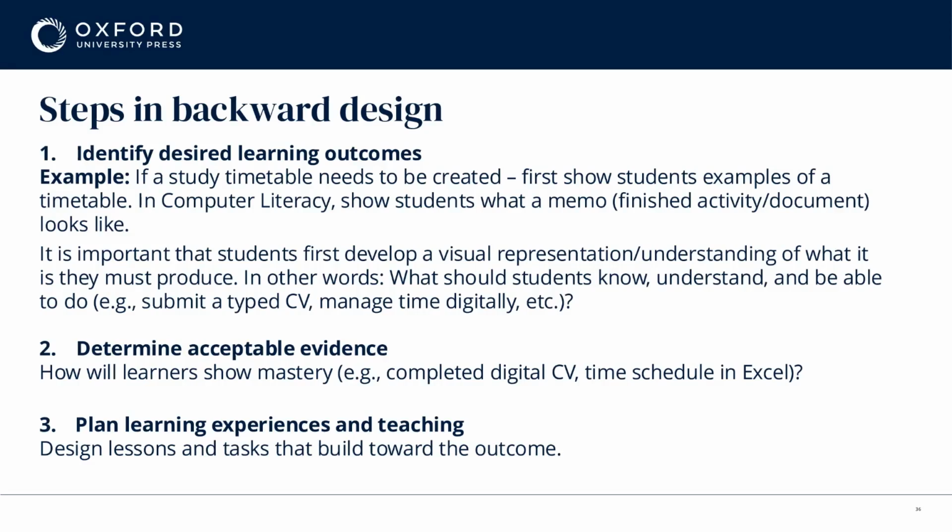It is important that students first develop a visual representation or understanding of what it is they must produce. In other words, what should students know, understand, and be able to do? For example, submit a typed CV, such as in the case of Level 4, or manage time digitally, such as in the case of Level 2.